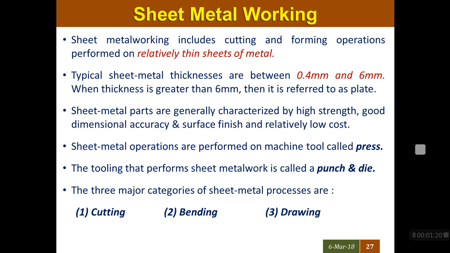In forming operation, we are not cutting or removing any part from the sheet metal. There will be a slight change in the shape or the formation of the metal sheet, hence the name forming operation.